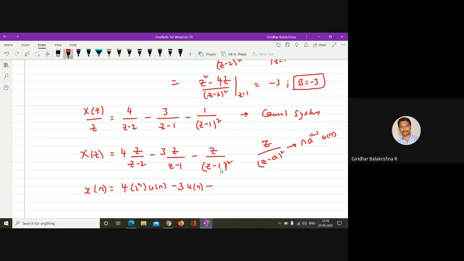So in the place of a we have 1. Therefore, tell me, n into 1 power n minus 1. n minus 1 is how much? 1 into u of n. So this is the solution for the given problem. Is this clear to all of you?